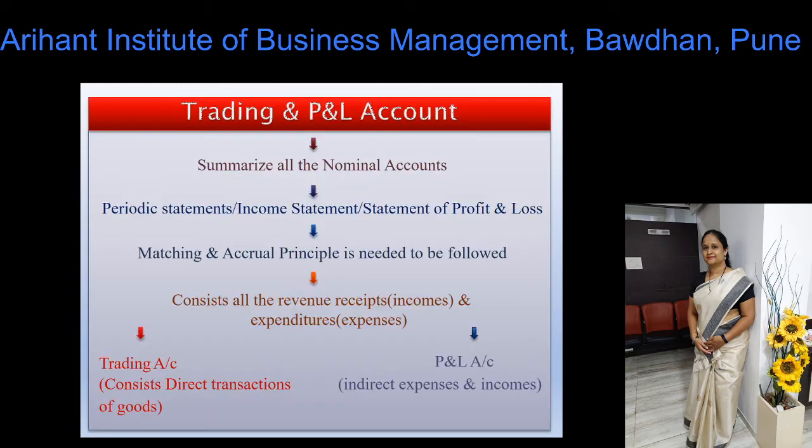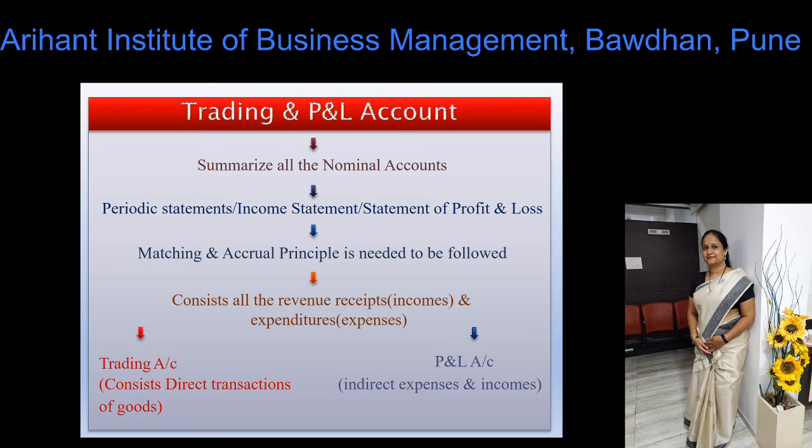Then trading and profit and loss account. It summarizes all the nominal accounts, periodic statements, income statements, statement of profit and loss. The matching and accrual principle needs to be followed. It consists of all the revenue receipts, that is income, and expenses or losses.